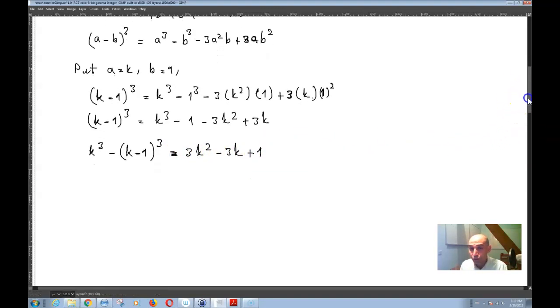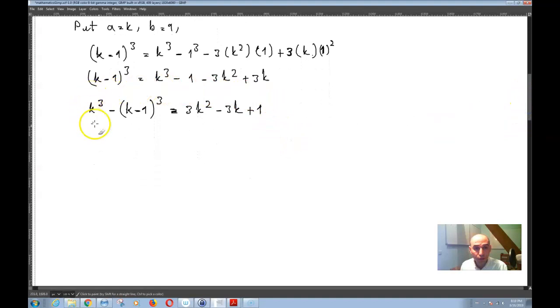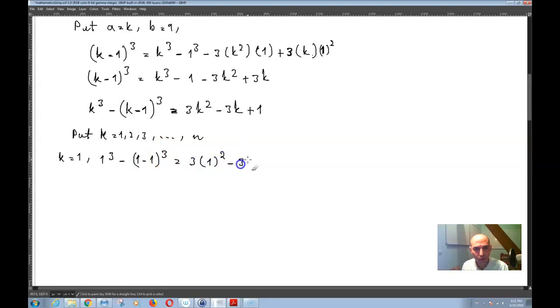Now, in order to use this identity, I'm going to put k equal to 1, 2, 3, and all the way up to n. When k is equal to 1, this equation becomes 1 cube minus (1 minus 1) whole cube is equal to 3 times 1 squared minus 3 times 1 plus 1.